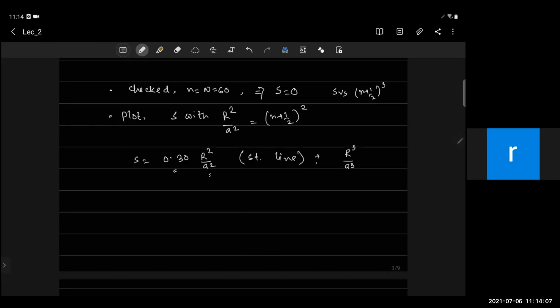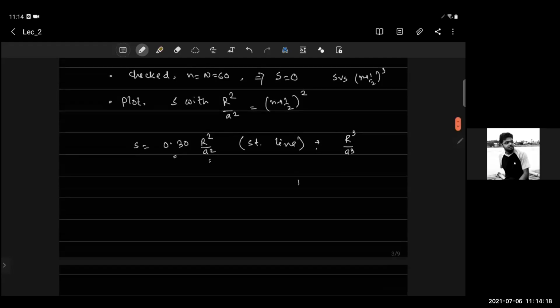Let me understand the question. Are you saying that suppose whatever the coefficient is, if R is large, then what will happen? No. R is replaced by n plus half A. So you're plotting S with the polynomial of n plus half to the power, let's say P. And you check for P equals 0, P equals 1, P equals 2 onwards.